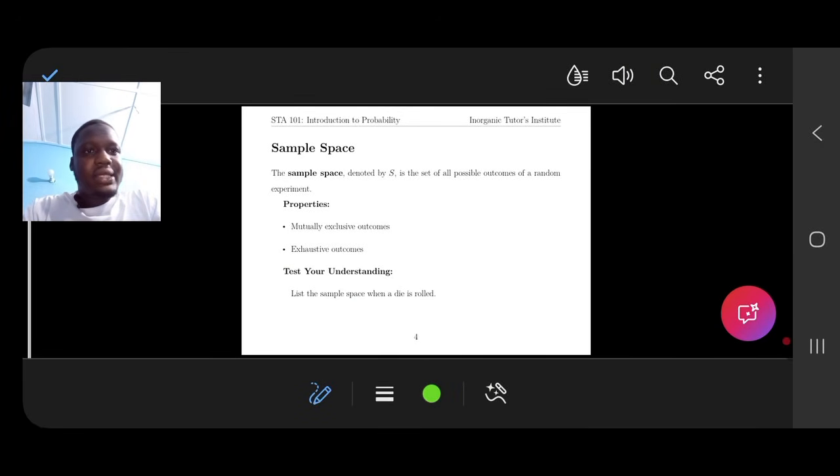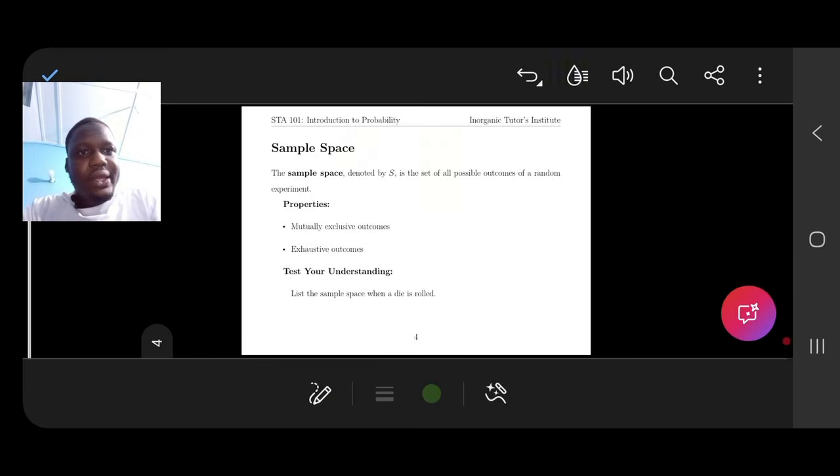So we write S is equal to, then you open the brackets, just small curly brackets. Pardon me for my writing. Let me come again.